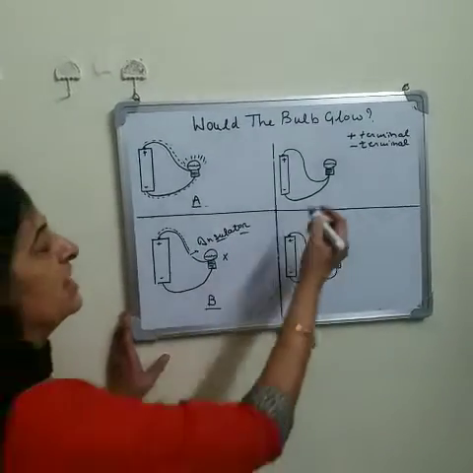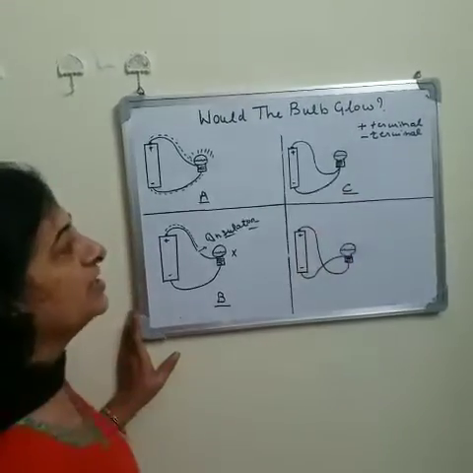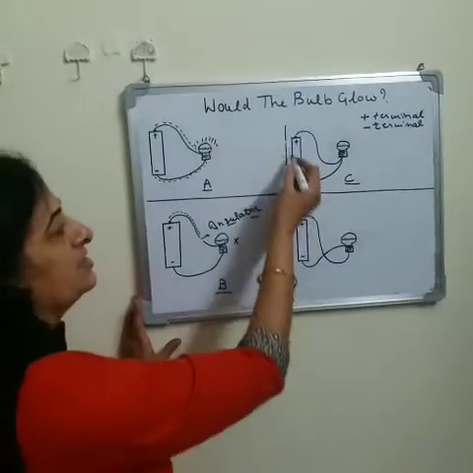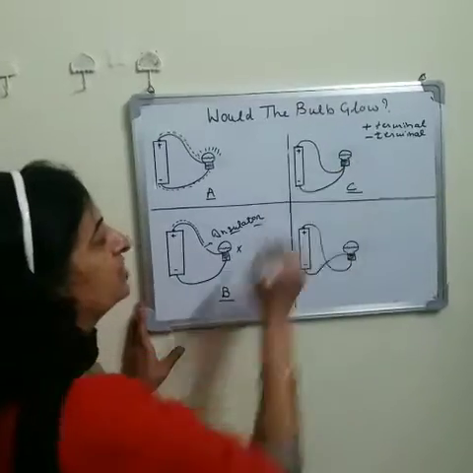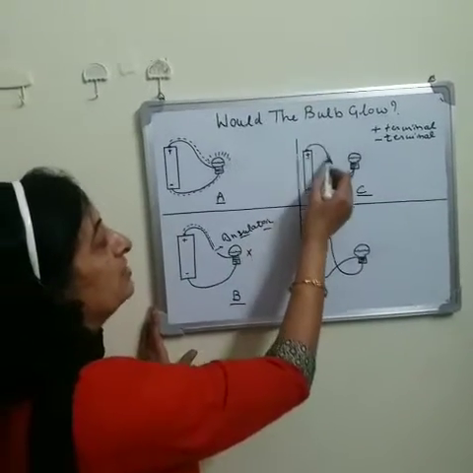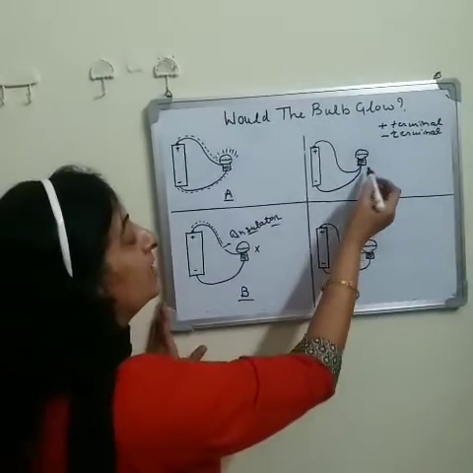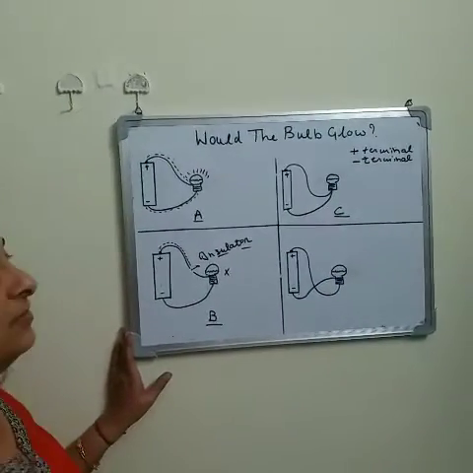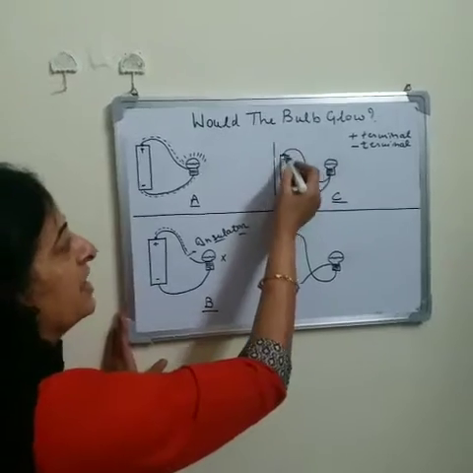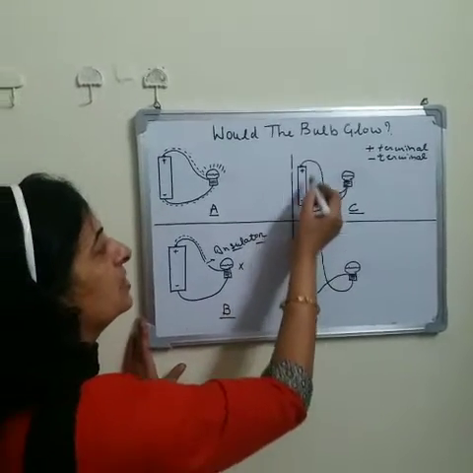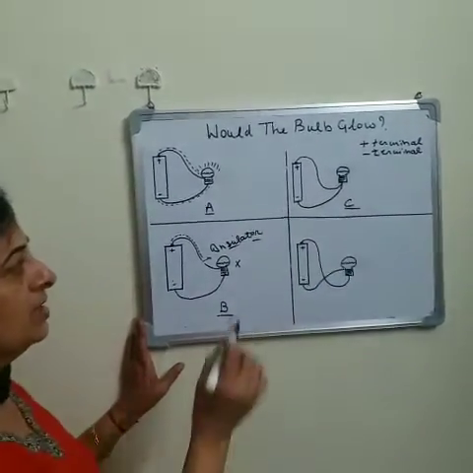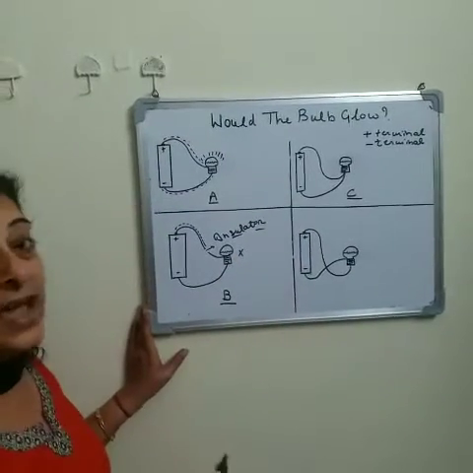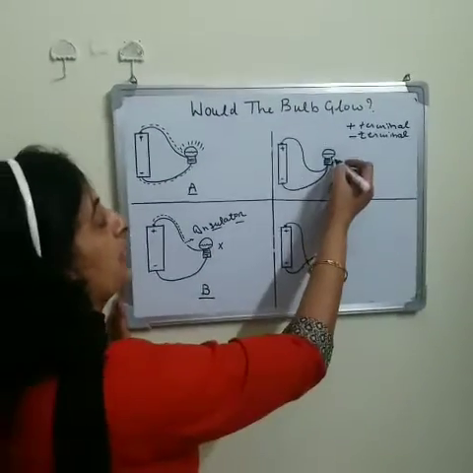Now we come to the next figure, figure C. See, again there is a dry cell and an electric bulb, but you can see the wires are connected to the same terminal of the electric bulb. The wires are connected with the positive and negative terminals of the electric cell, but they are attached to just one terminal of the electric bulb.